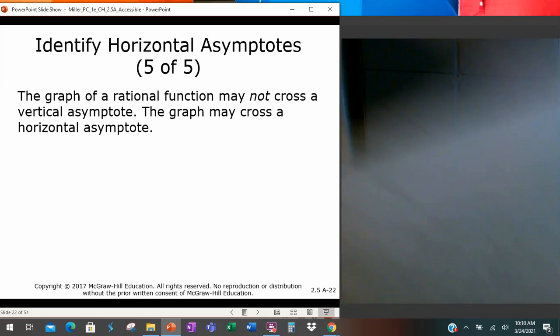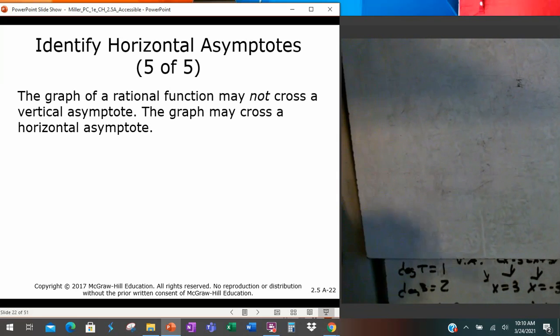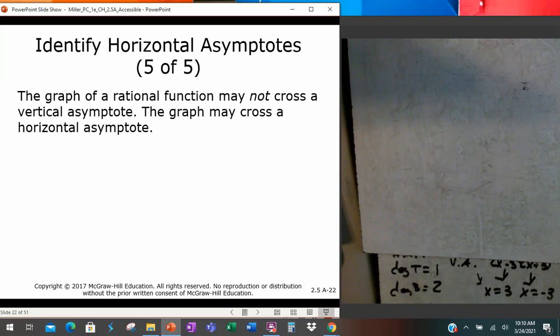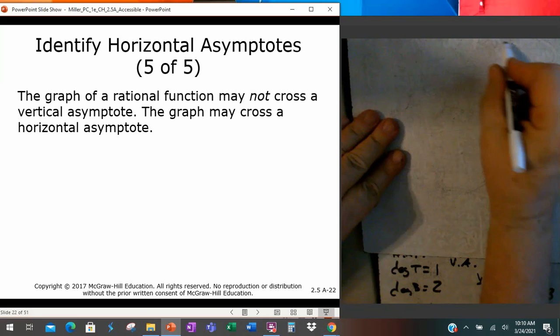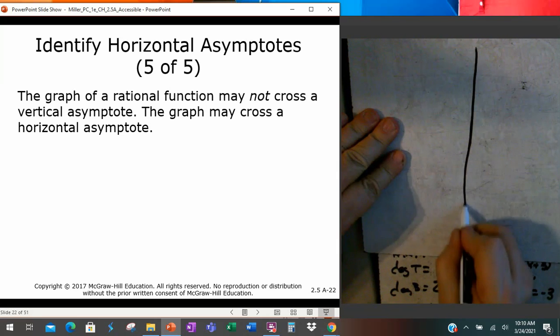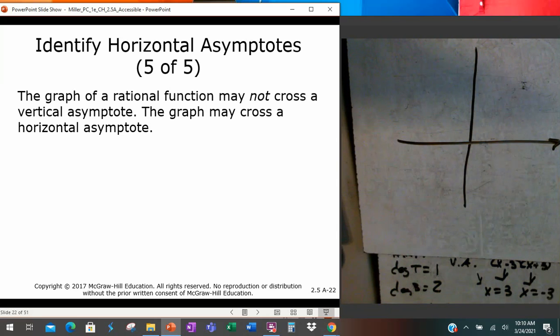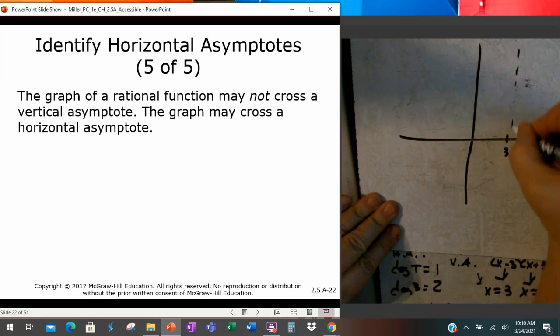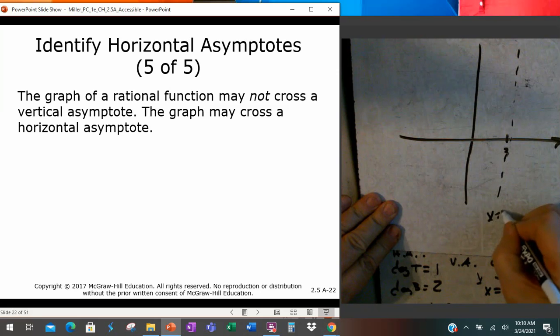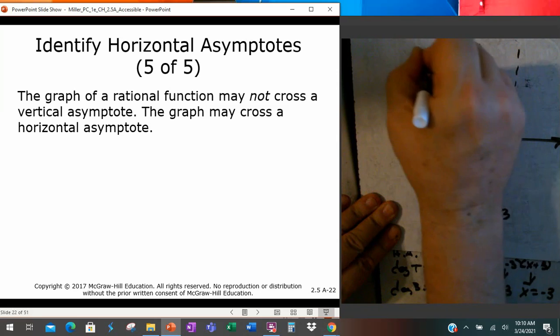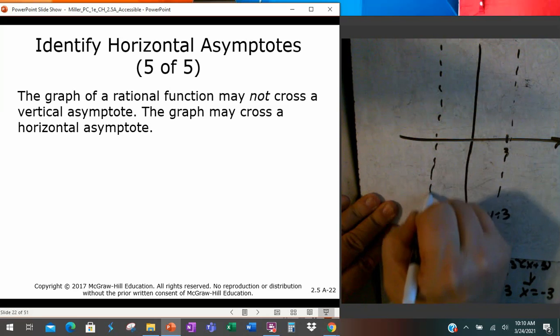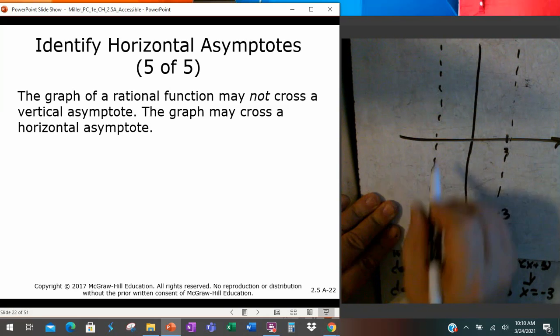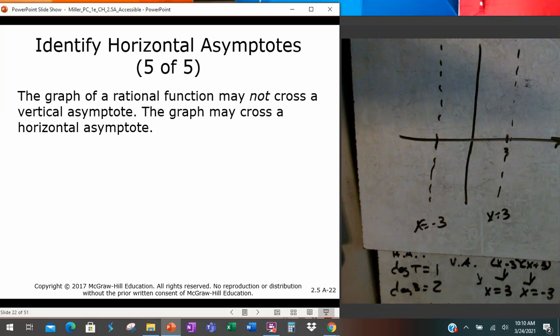So from those, I can go back and see if I can get this graphed out from here. So I would have my big graph. Let me get this kind of in the middle. Here, I plot my vertical asymptotes. Here's my 3, I'm going to call this 3. So a straight line through this, there's my vertical asymptote, and then my -3, about the same distance over. I'm going to call this -3. 3 and -3.